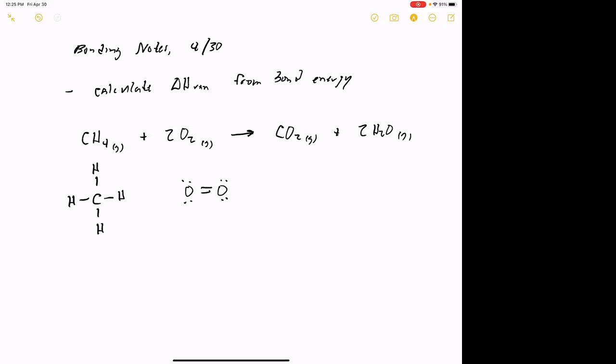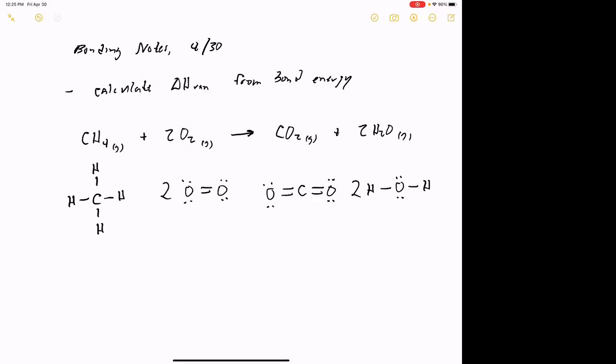Carbon dioxide, remember, we had several possible Lewis structures for that, and the best one, based on a formal charge argument, is that. And water we also did in class. It looks like this. Again, for practice, you could go back and verify all of those different Lewis structures. I'm going to go ahead and put coefficients in here to remind me of what they are.